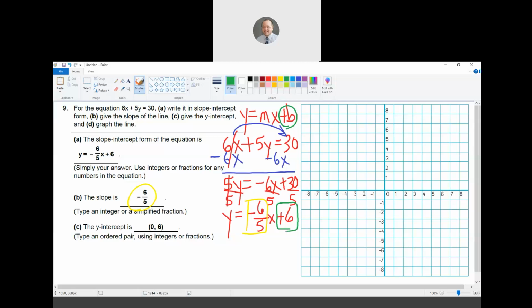And whether you're finding the x or the y-intercept, write your intercepts as ordered pairs. So we know that our line crosses the y-axis at 6, and that is the ordered pair 0, 6.